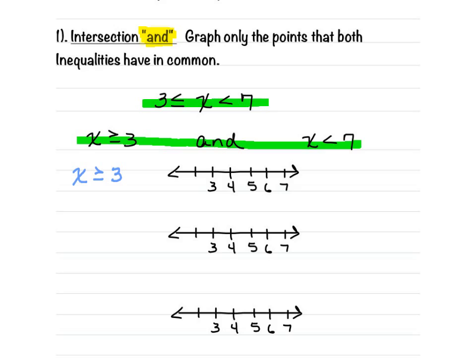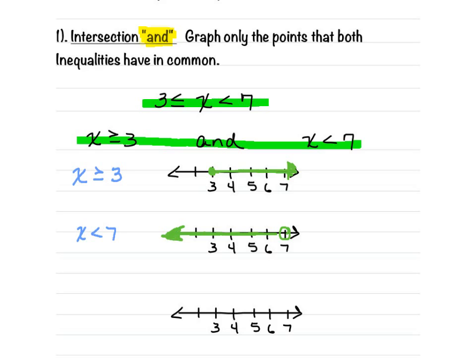Greater than or equal to 3 means I have a closed circle on 3, and I would be going all the way to the arrow, everything to the right. If I were to graph x is everything less than 7, then I would have an open circle on the 7, and I would graph everything to the left, including the arrow.